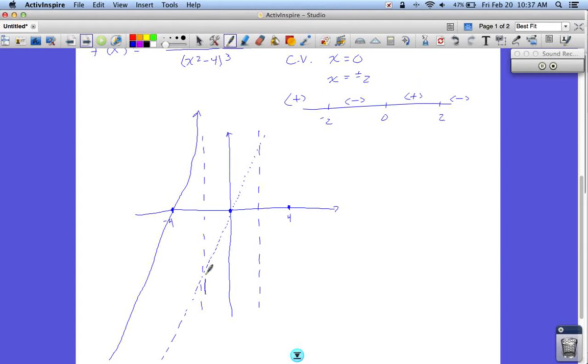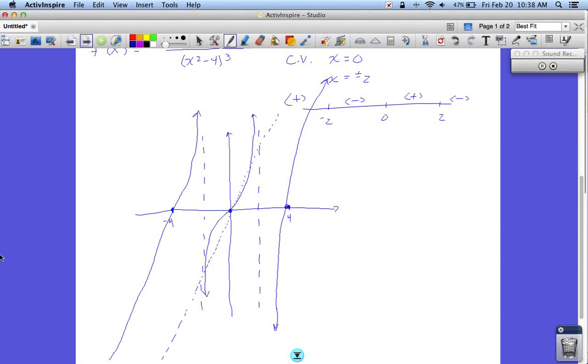So increasing and concave down, increasing and concave up, and increasing and concave down. For this part, it's going to be tough for me to hit that asymptote from this perspective, but you know, it's going along like that. Of course, I want to hit that as well.